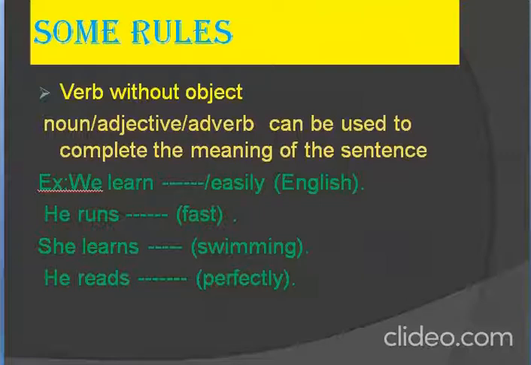Easily is adverb. I have also written here English. We learn English. This is noun. Next, he runs fast. This is adverb. She learns swimming. This is verbal noun. I can say she learns quickly. She learns slowly. Next, he reads perfectly. I can also say he reads book, he reads novel. So memorize it and practice it.